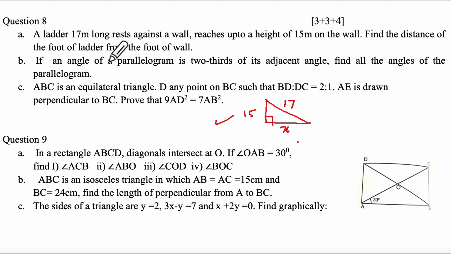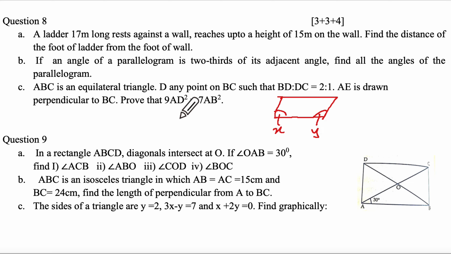You can do this. The angle of the parallelogram is 2/3 of the adjacent angle. Parallelogram, this angle and this angle. If this is x and this is y, I know that one of the angles.